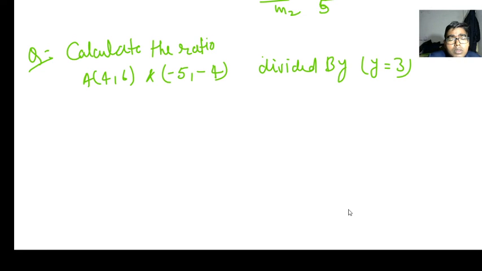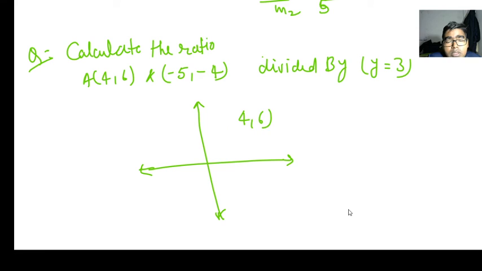First find the quadrants. 4 comma 6, both are positive, so it lies in the first quadrant. Minus 5 comma minus 4 lies in the third quadrant, right? And y equals 3.